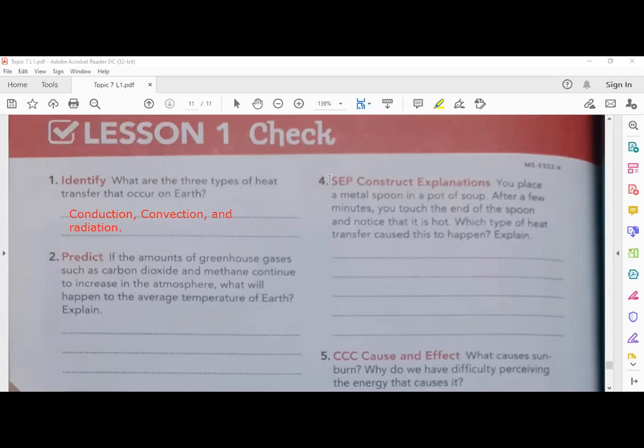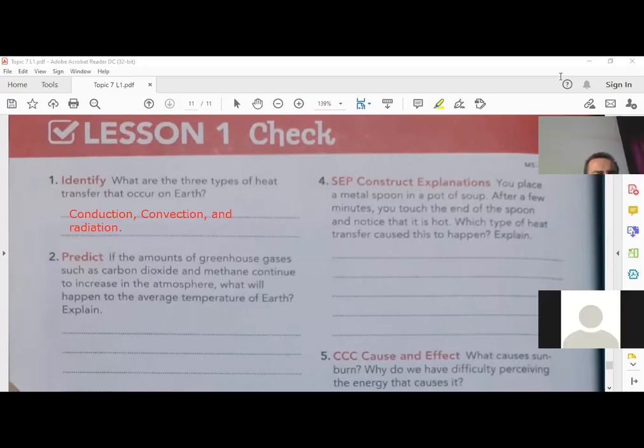Laith, go ahead. If these gases kept increasing, the temperature will be hot. The average temperature of Earth will continue to increase. It will be hot because these gases, I don't know why, but they heat up. Okay, thank you Laith.